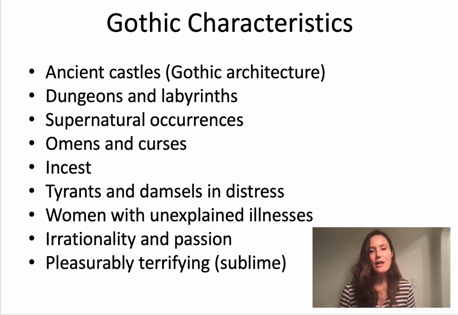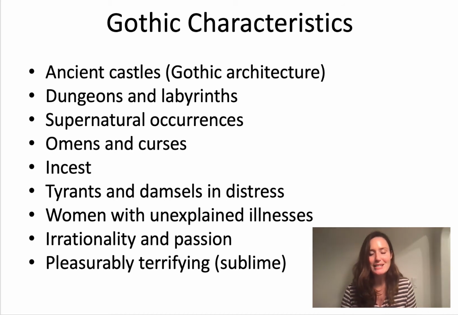Let's talk about some Gothic characteristics. So like I said, ancient castles. When you think of Gothic architecture, you might think of really elaborate cathedrals with gargoyles and flying buttresses and turrets and passageways. Dungeons and labyrinths, you can see how the settings can become really symbolic, especially when we're dealing with psychological trauma or horror.